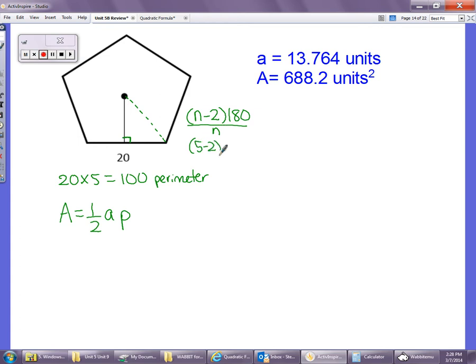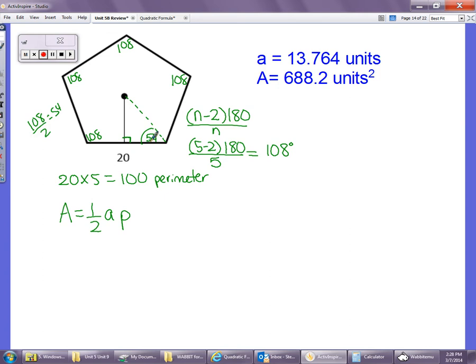So I have 5 minus 2 times 180 over 5, and it gives me 108. So I have 108 everywhere. But what happens is the radius is going to cut the 108 in half. So 108 divided by 2 is actually 54.